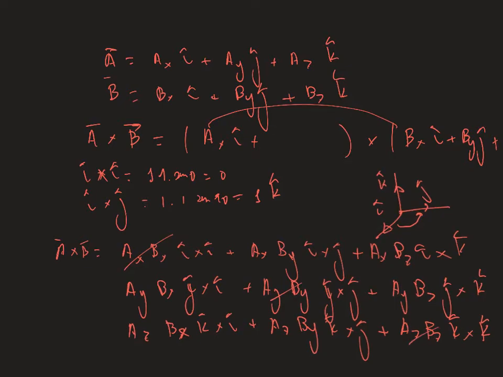If I give you A and B, the components of the vectors, you know how to find the vector. Let's do one example here.